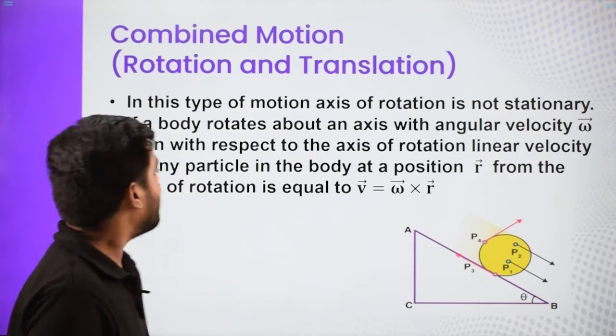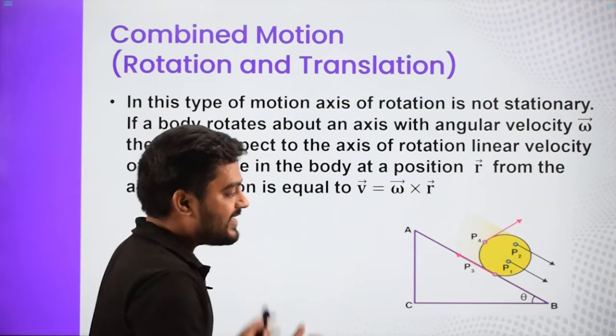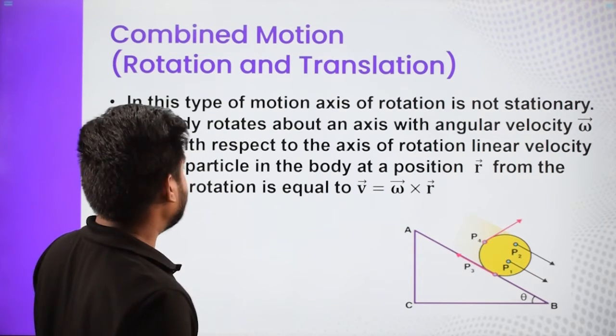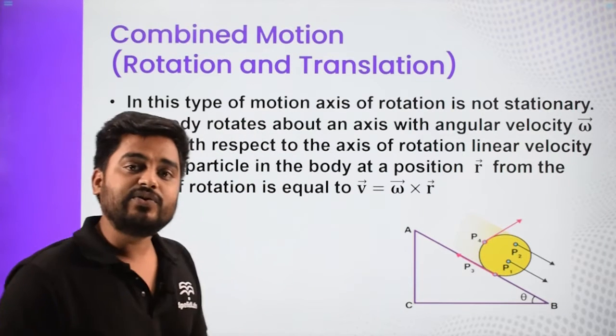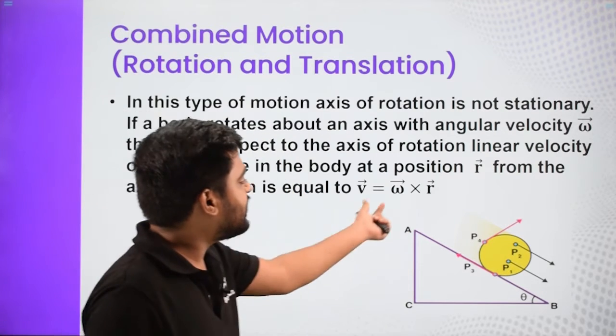So eventually all the particles will have two velocities, one velocity due to translation and one velocity due to rotation. If the velocity with respect to the axis of rotation is given by omega cross r, right? So v is equal to omega cross r.